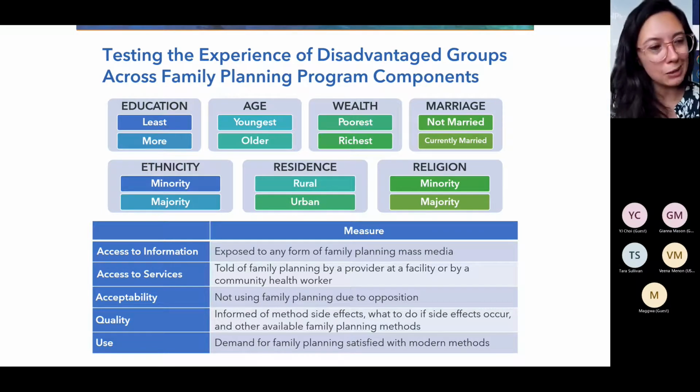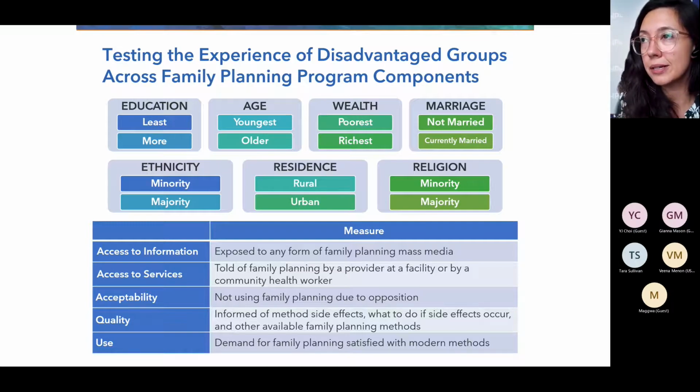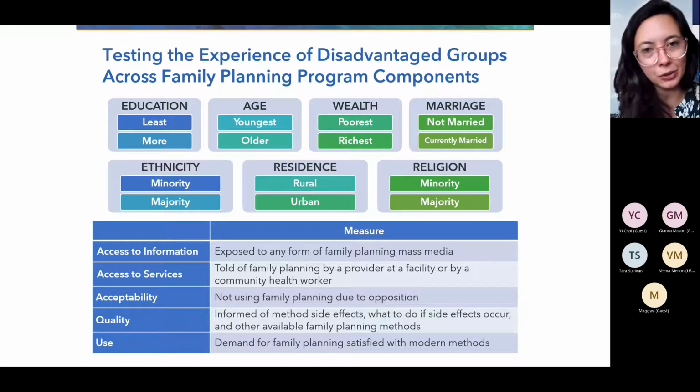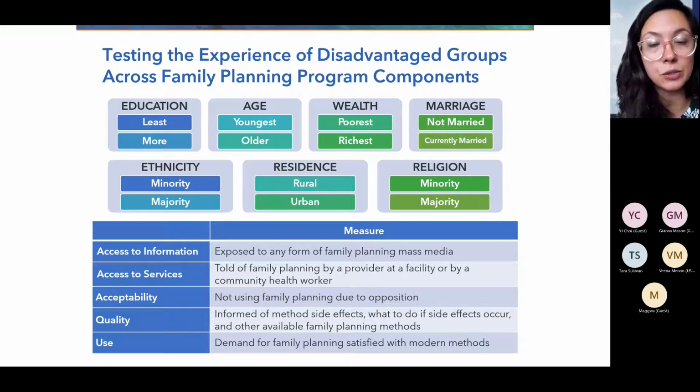So as the DHS becomes even richer and asks more background characteristics of respondents, we're hopeful that this can be expanded, or certainly for other equity analyses, you're going to be able to look at people's experience of services beyond just the groups that you see here.